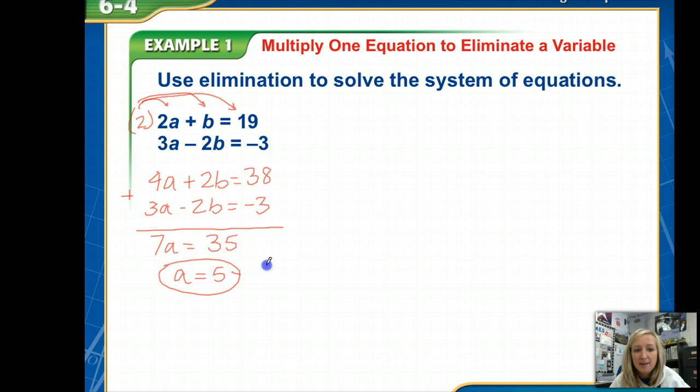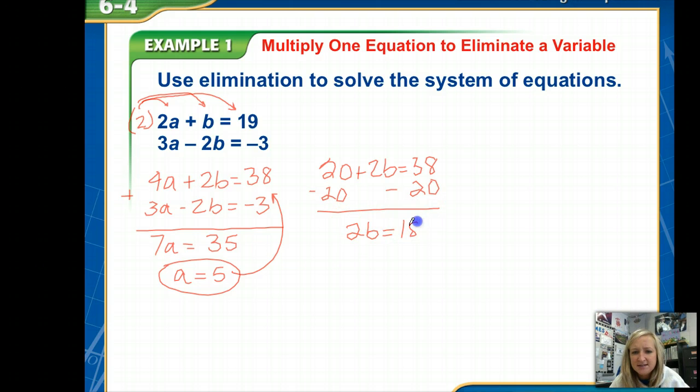And then I'm going to plug it back in. 4 times 5 is 20, plus 2b equals 38. Subtract the 20 from both sides. You guys are pros at this point on how to solve. 2b equals 18, so b equals 9. So my solution, where do these two lines intersect? They intersect at the point 5, 9.